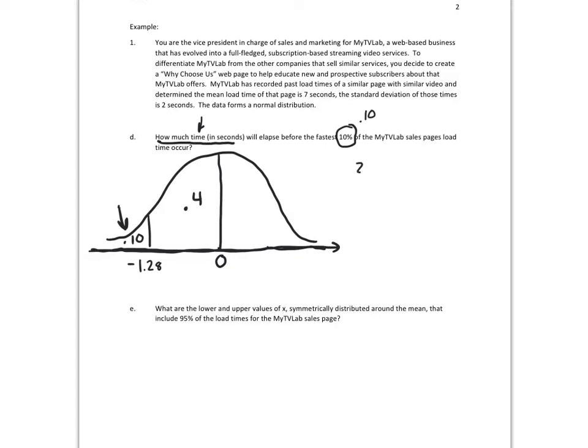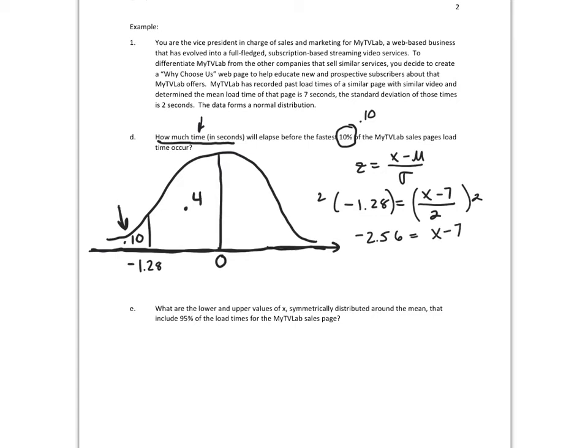So take your formula, z equals x minus the mean over sigma, and your z is negative 1.28, and we're trying to find the x, and the mean is still 7, and the standard deviation is 2. Multiply both sides by 2 to clear your fractions, and that gives you negative 2.56 equals x minus 7.